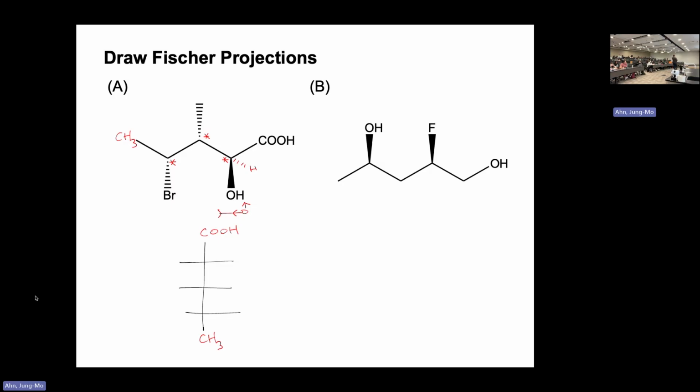Putting one on the top or on the bottom sets the perspective. So when you lie down on the floor, looking up, we see the hydroxyl group coming out of the screen, right?